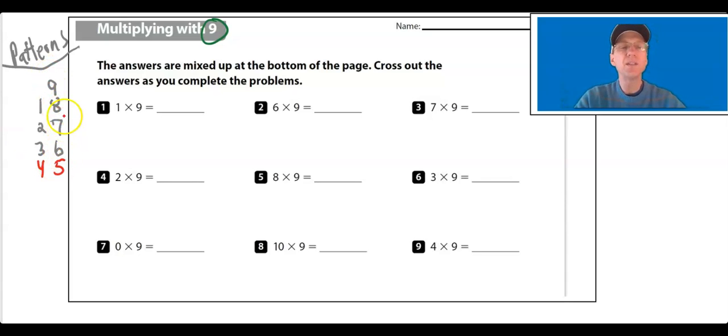9, 8, 7, 6, 5, 4, 3, 2, 1, 0. And this one starts with 0 tens and then 1, 2, 3, 4, 5, 6, 7, 8, 9.